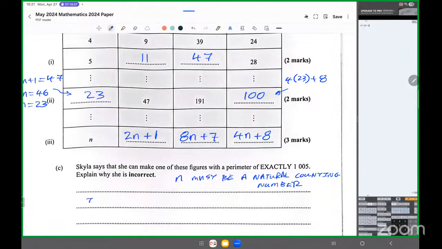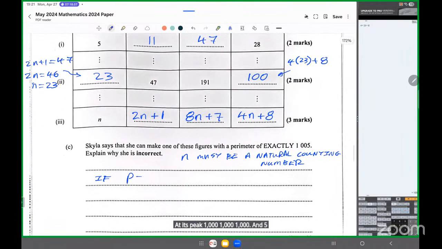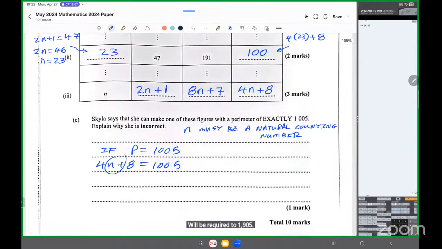If P equals 1005, then the formula equals 1005. 4n plus 8 will be equal to 1005. Then you try to work out the n now. So you subtract the 8 and then divide by 4. So n would be equal to (1005 minus 8) divided by 4.